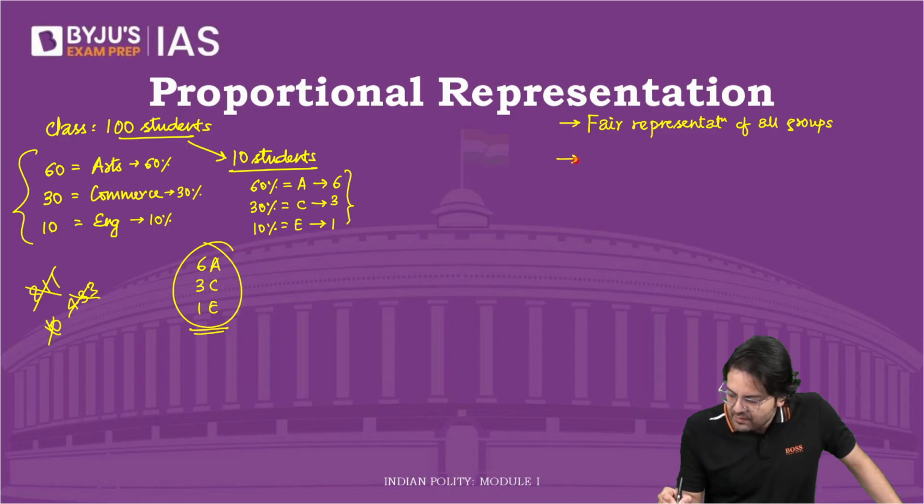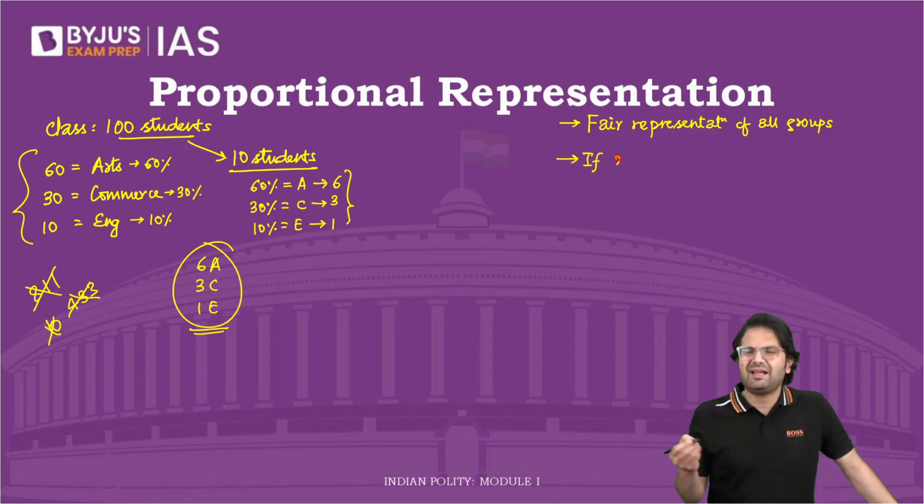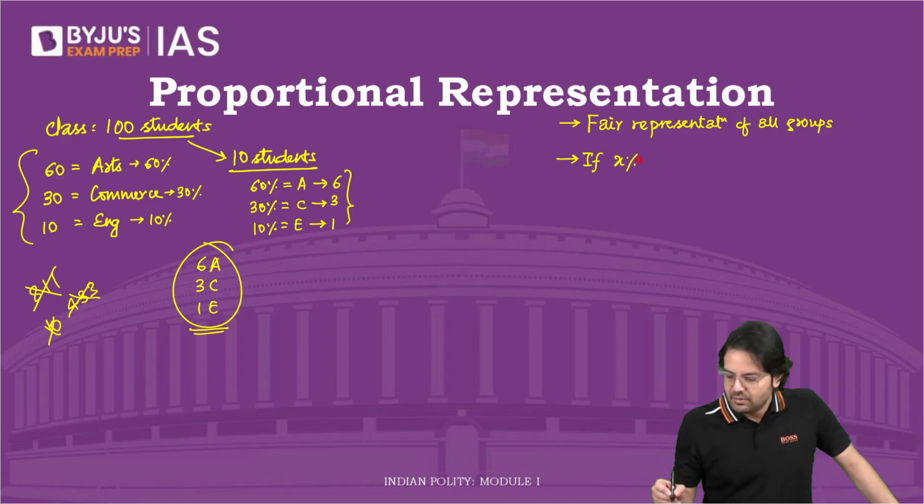Meaning, if X% of voters support a party, X is a variable, not the X you are thinking of, okay? X is a variable.